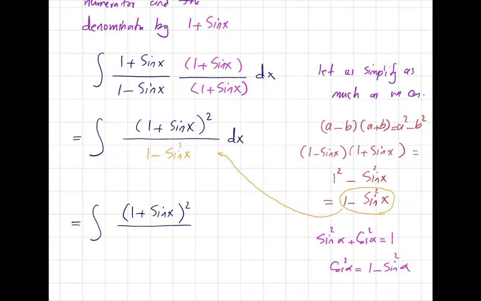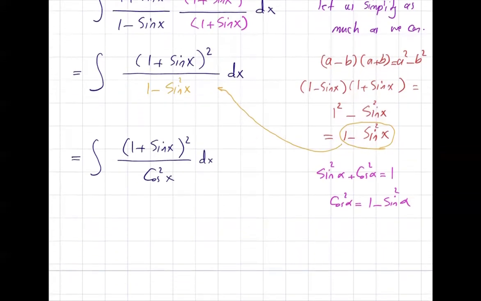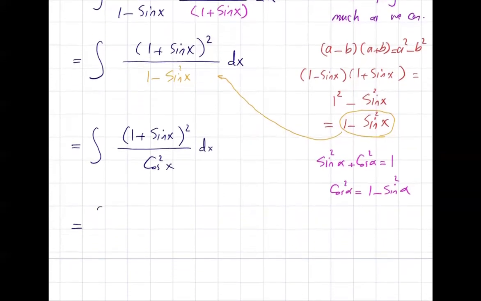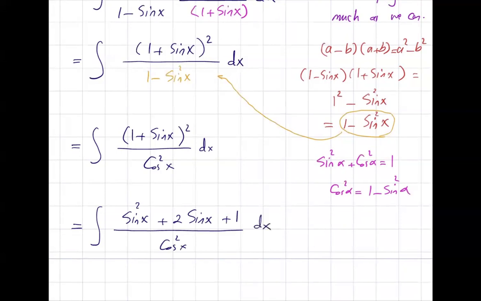Wherever we see 1 minus sine squared, we can use cosine squared. So on the denominator, you're left with cosine squared of x dx.